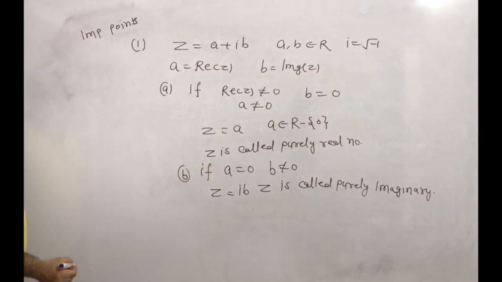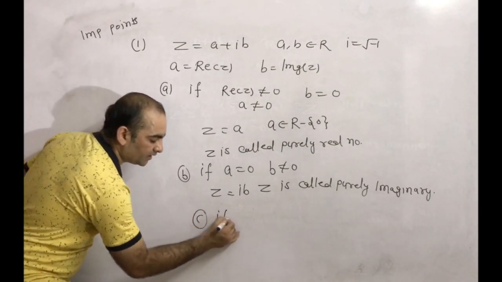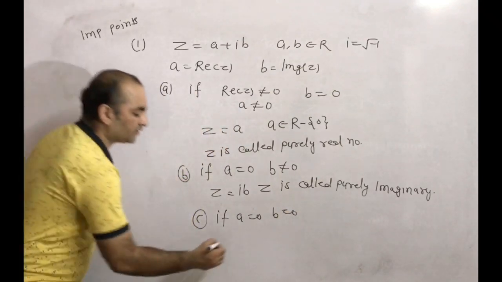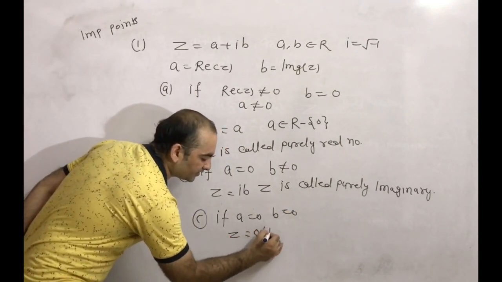And the last point: if a equal to 0 and b equal to 0, both 0, then what will come? z equal to 0 plus iota 0.